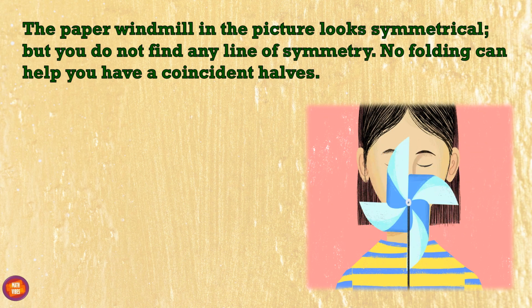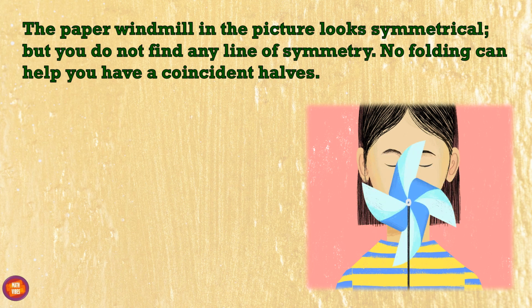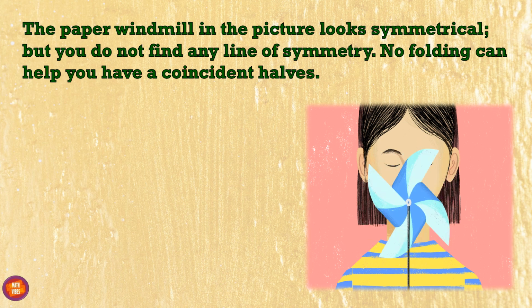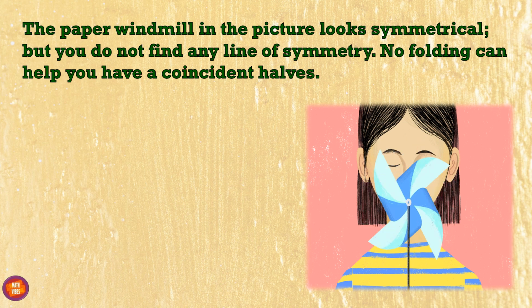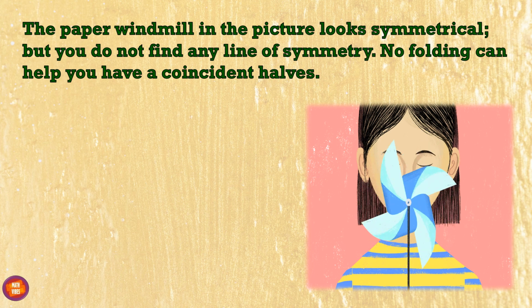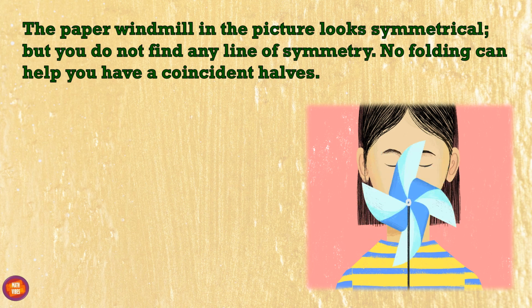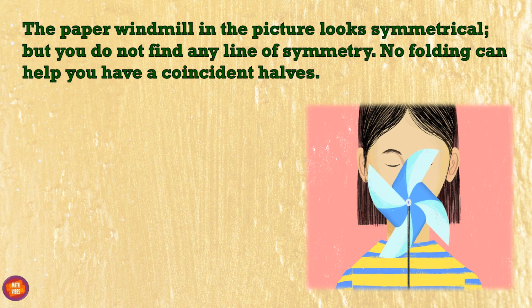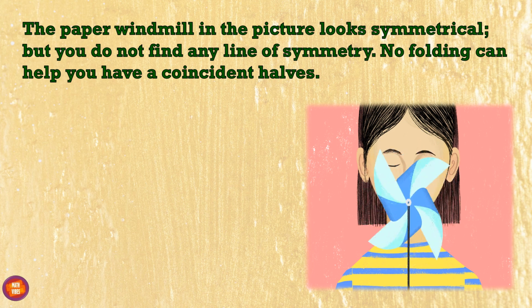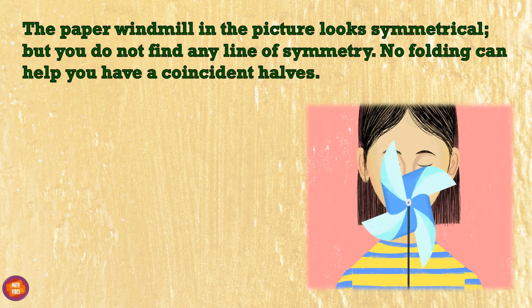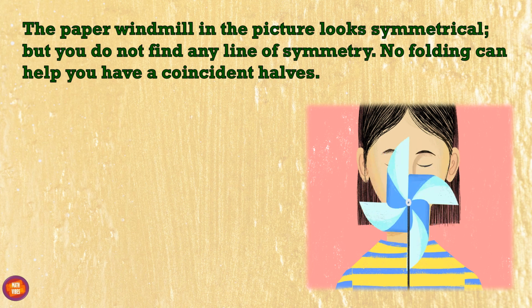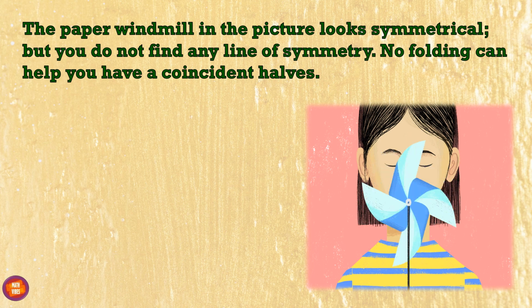So now again I am coming back to this paper windmill. This paper windmill in the picture looks symmetrical, right? It looks symmetrical, but you do not find any line of symmetry in that. Can you find out? We have discussed that symmetry is of different types. We have done line of symmetry, then we have done reflectional symmetry.